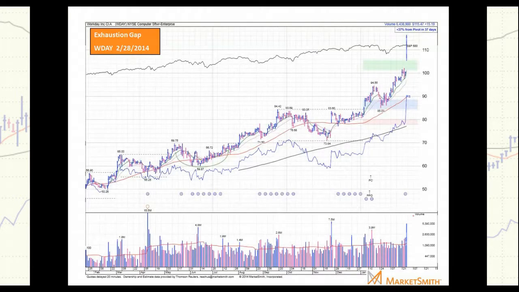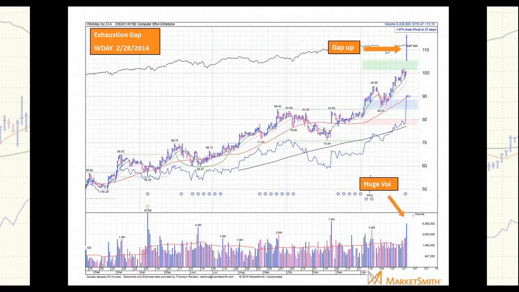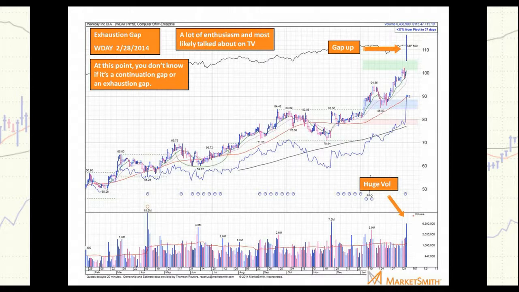So here's Workday. Take a look at this and tell me what the difference is between this gap up and a continuation gap. It's impossible to tell at this point, right? You still have a gap up on big volume. So all you know at this point is that it should not take out the low. Once again, there's a lot of enthusiasm on TV, so you don't know at this point.